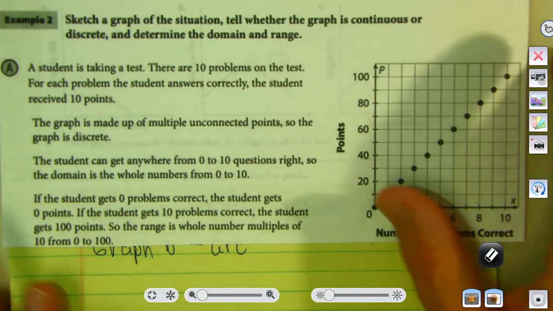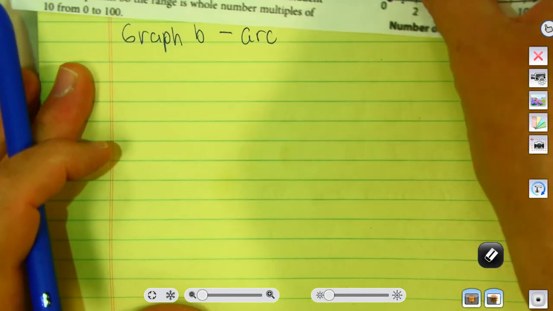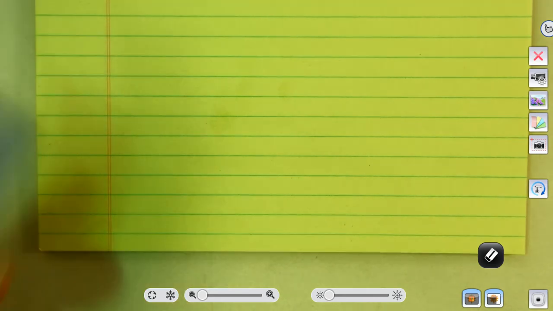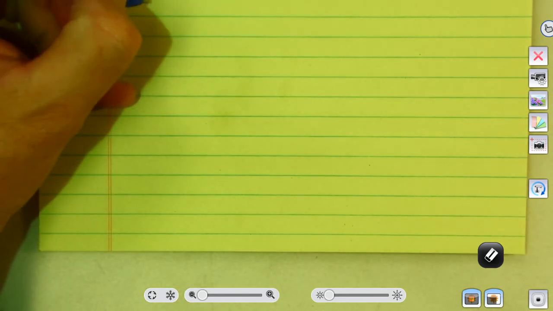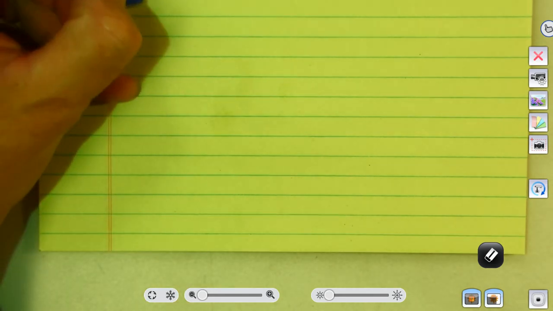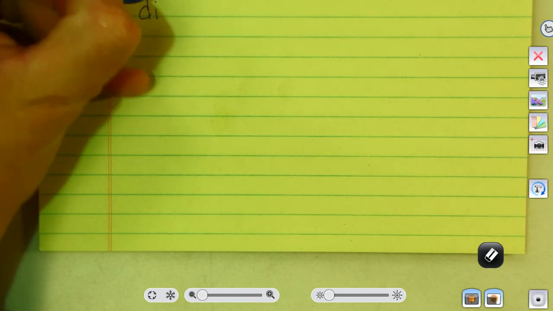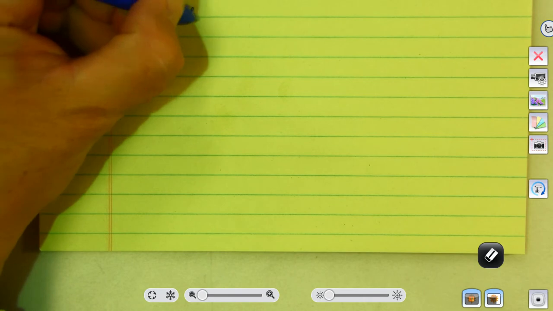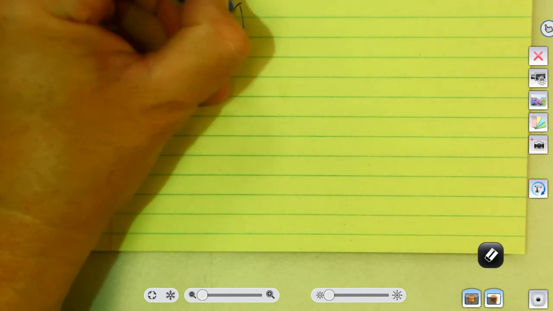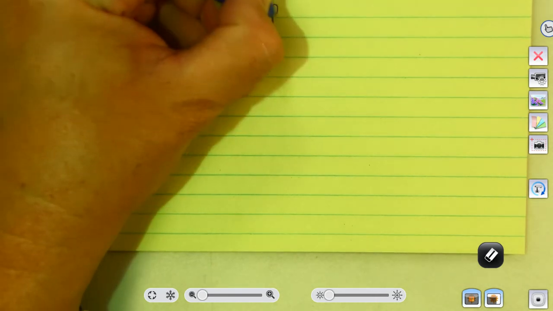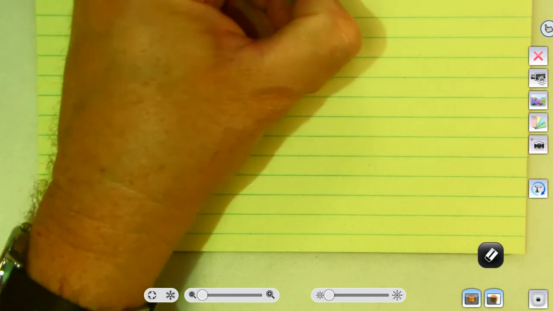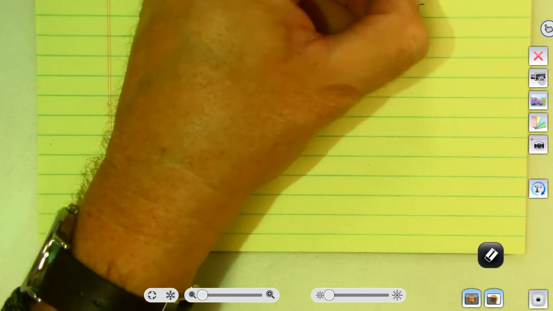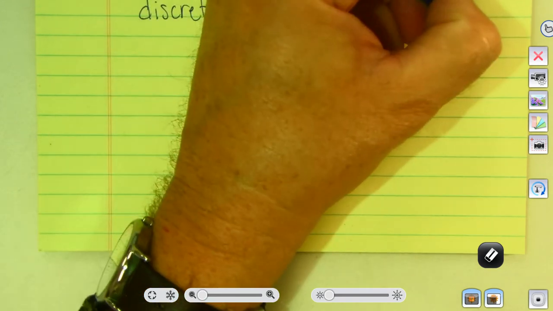Now, I don't know about you, I always have to do something to remember things, okay? So here's the way I kind of remember it. A discrete graph, write this down, please, is disconnected points.